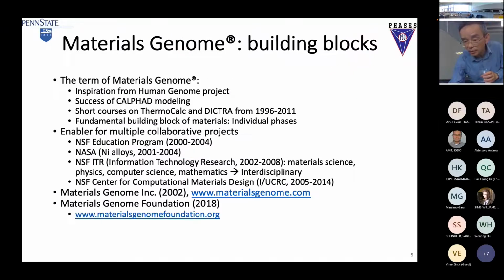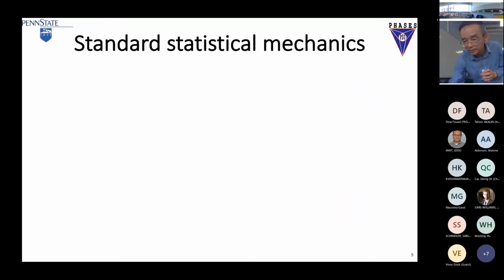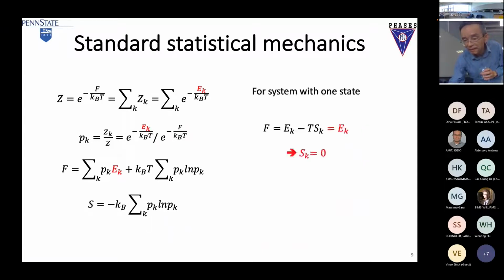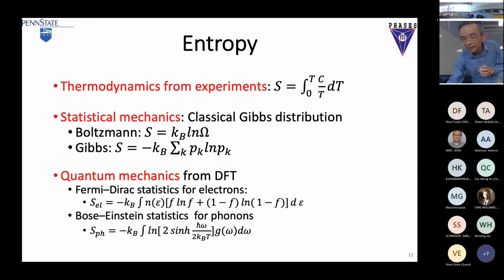So you see, you have two entropies here. The quantum mechanics: you calculate the entropy from electrons, entropy from phonons. That's two. Then you calculate total energy. The three terms together give you the FK.